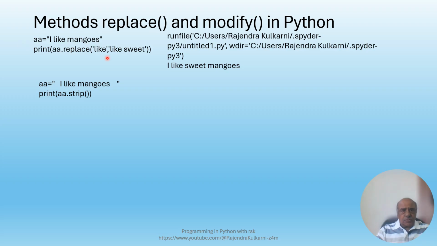The first argument is the characters we want to replace, and the second argument is the characters which we want to use for replacement. So when a.replace is executed, I get I like sweet mangoes. So like has been replaced with like sweet.